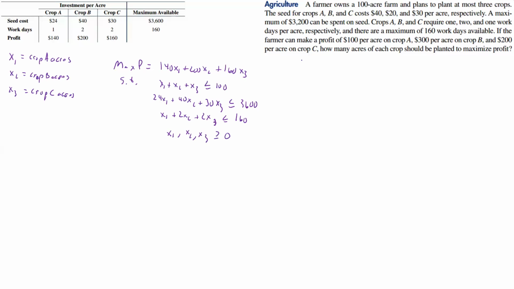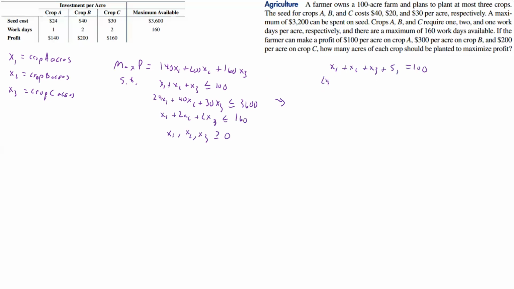All right, so now let's go straight into our initial tableau part. We're going to make the initial equations, and then after that we can make the tableau. So that's going to give us x1 plus x2 plus x3 plus s1 equals 100.